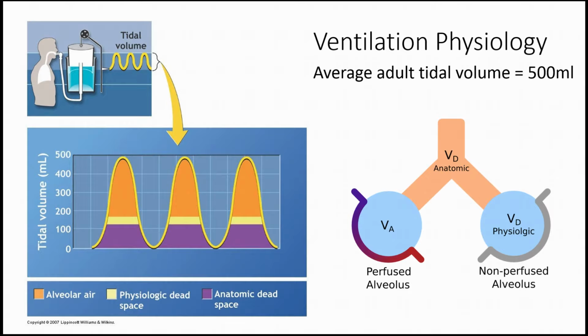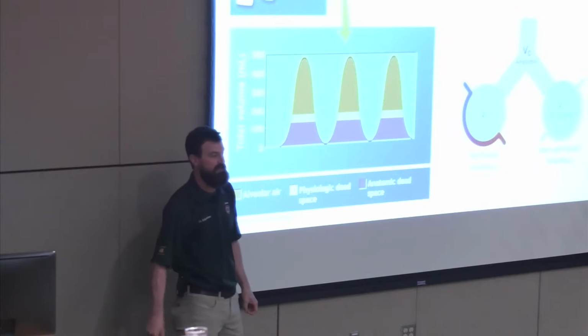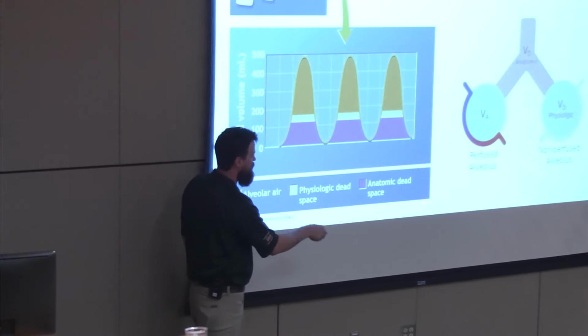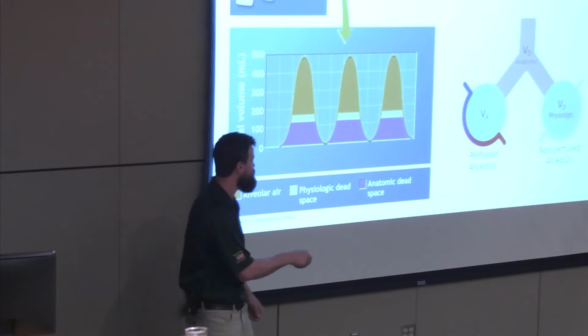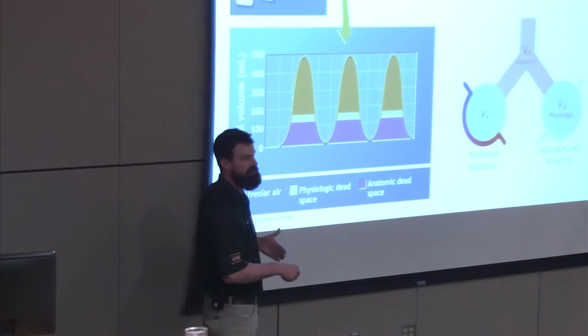So this is the proportion that can participate in gas exchange, okay? And then I have a little bit of loss to what we call physiologic dead space, and more loss to anatomic dead space. Essentially, dead space refers to anything that is not participating in gas exchange, okay?